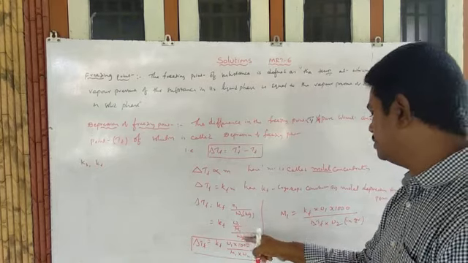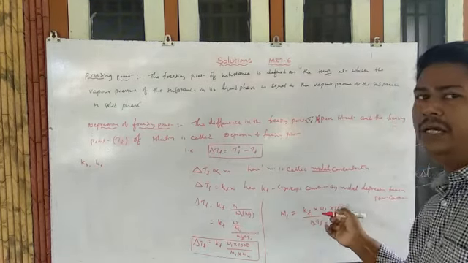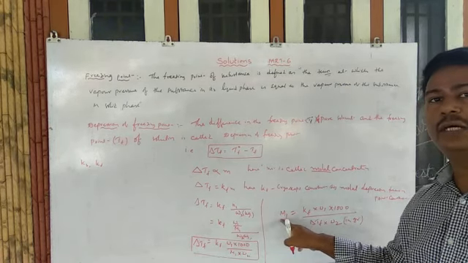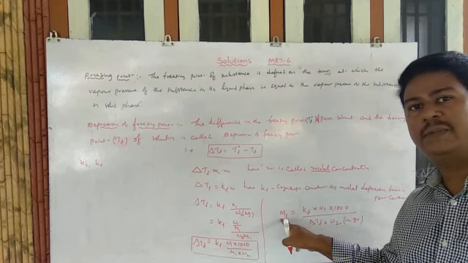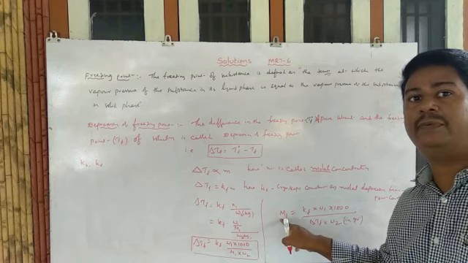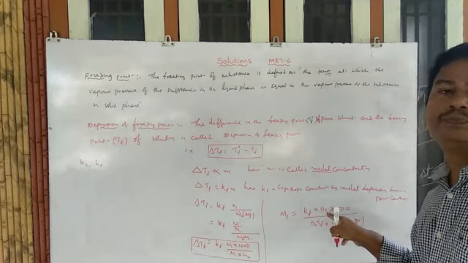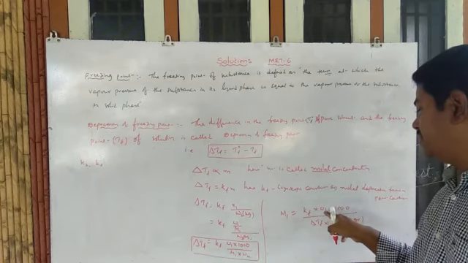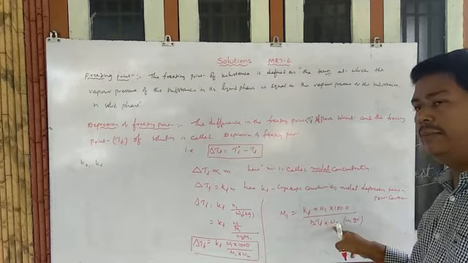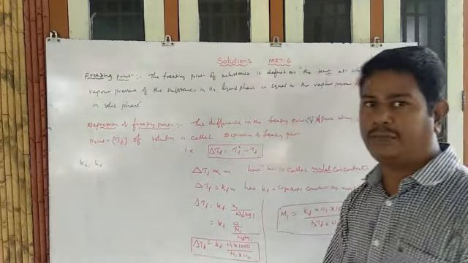Here it is in kilograms, whereas when converted to grams, that 1000 will be reciprocated. So the molar mass of the unknown solute present in a dilute solution, calculated from the difference in freezing point, is M1 equal to Kf into weight of solute into 1000 by delta Tf into W2. That is the molar mass of the solute present in the solution.